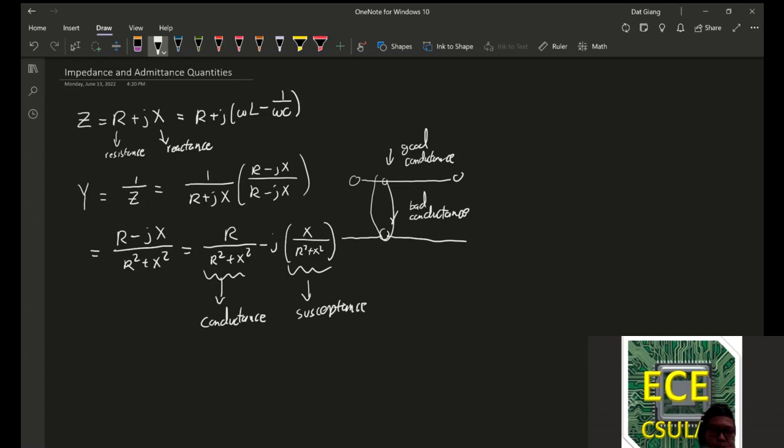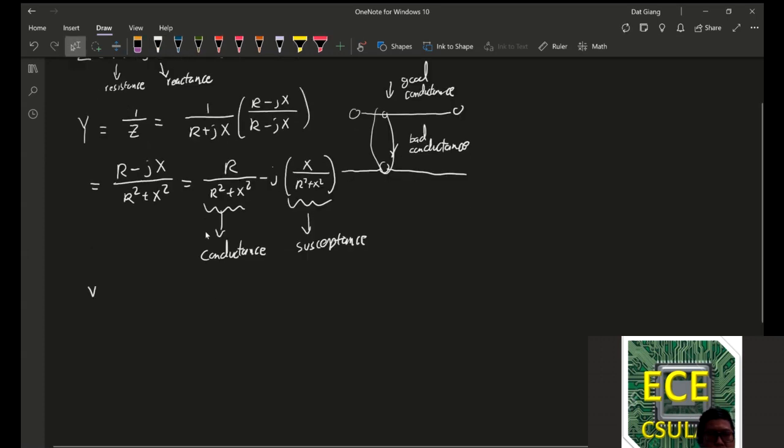So we have to summarize these terms. Y is equal to G plus jB, where we get the following. Or if you want to think about it like this, G minus jB.